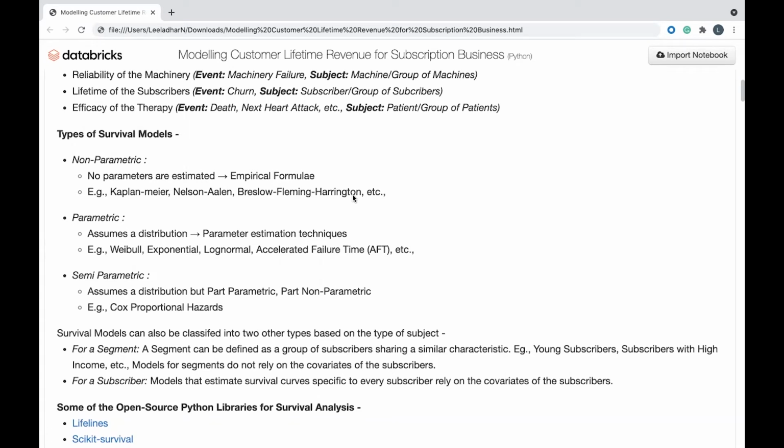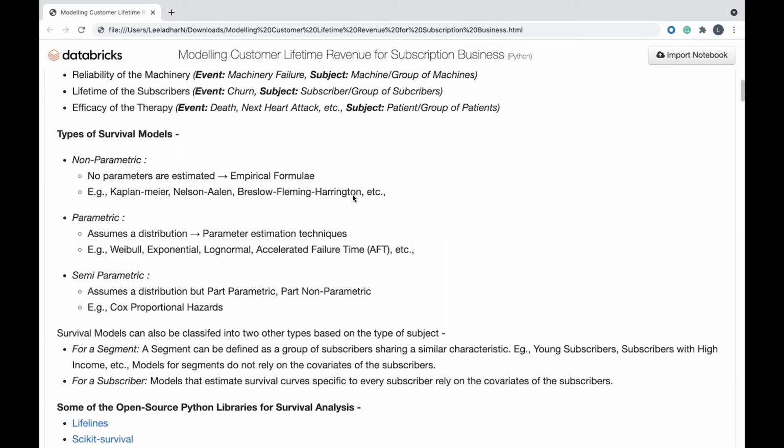Models which can be adjusted for covariates are capable of learning differences between the subscribers and estimating a survival curve for each subscriber if provided with enough data. Whereas the models which cannot be adjusted for covariates are primarily used to estimate survival curves for segments. And a segment can be defined as a group of subscribers sharing a similar characteristic.